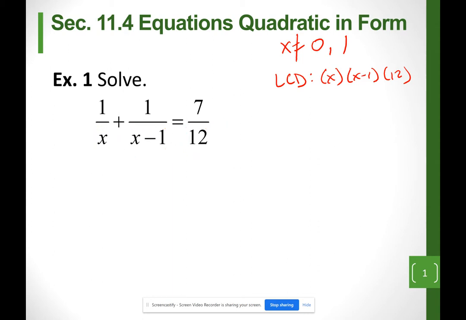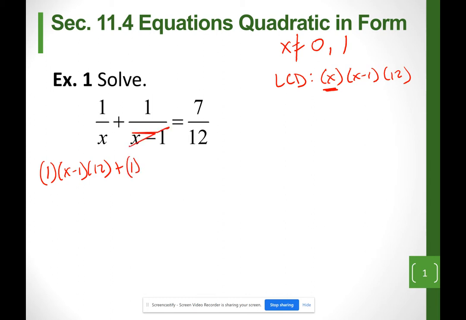Okay. So I'm going to get rid of fractions. If I cancel the x here, I have a 1 on the top. If I cancel the x on my LCD, I'm left with an x minus 1 and a 12. Plus, I have a 1 on top of my fraction.